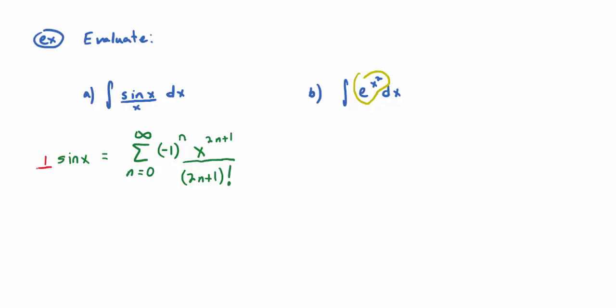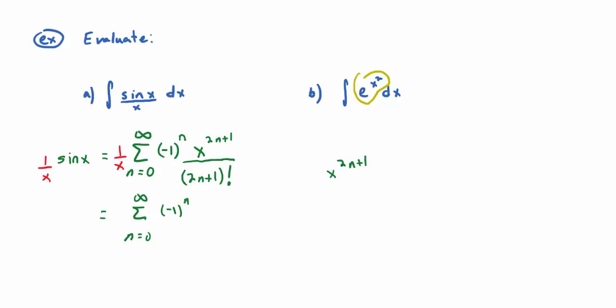Okay. Why don't I just divide both sides by x? Multiply both sides by 1 over x, same thing. And then if I bring the 1 over x inside, what do I get? Sum n equals 0 to infinity, -1 to the n. So think of it as dividing x to the 2n plus 1.